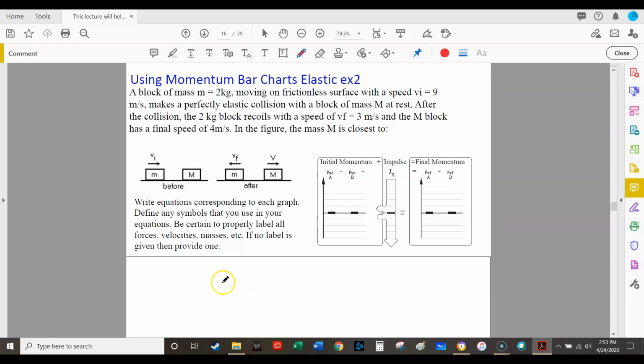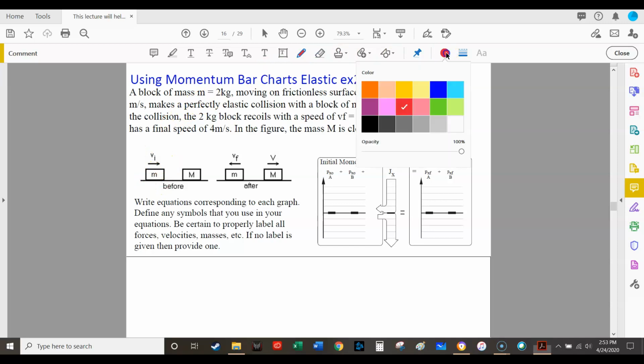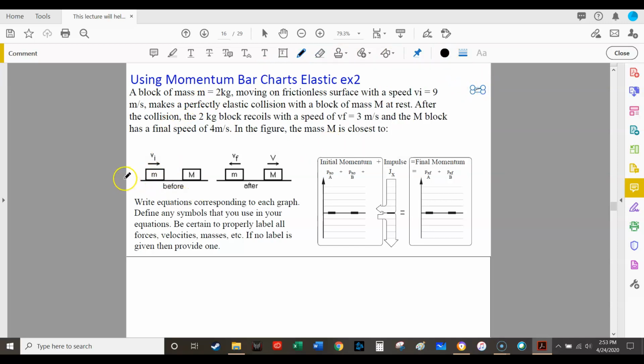All right. Well, let's go ahead and read the problem. We have a 2 kilogram mass object. And so this is a 2 kilogram mass object. It's moving to the right at a positive 9 meters per second.